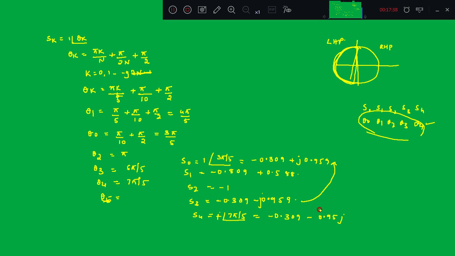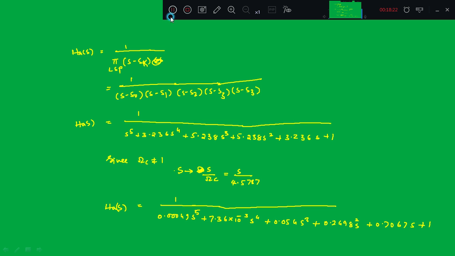This is for theta 4, and for theta 3 it is minus 0.809 minus j 0.588. So this one and this one are conjugate symmetry, and this one and this one are conjugate symmetry. Once you find this, next is what?